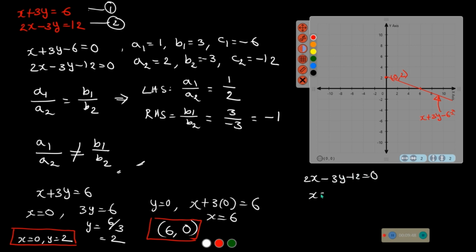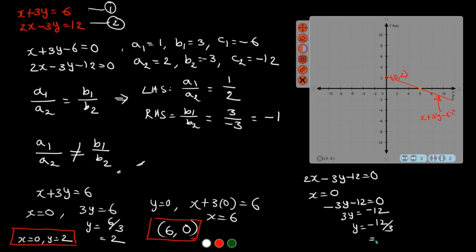Okay, let's take x is equal to 0. Then minus 3y minus 12 is equal to 0. Let's take 12 to the other side of the equation. So we have 3y is equal to minus 12, y is equal to minus 12 divided by 3. We have minus 4. So we have another point here where x is equal to 0 and y is minus 4.